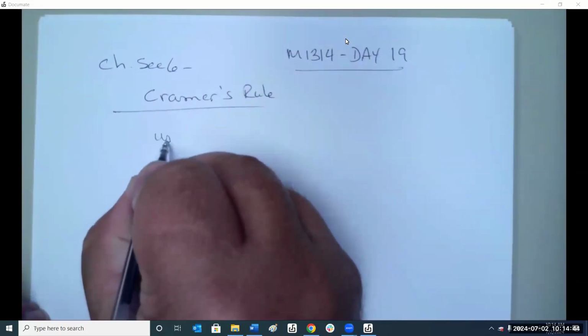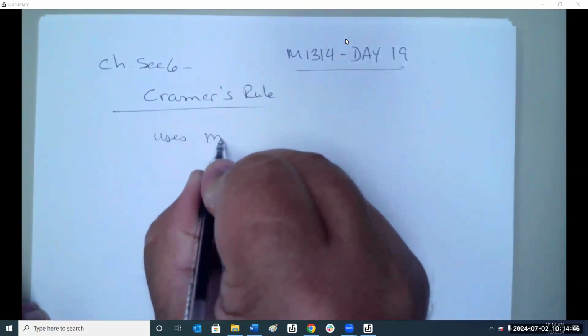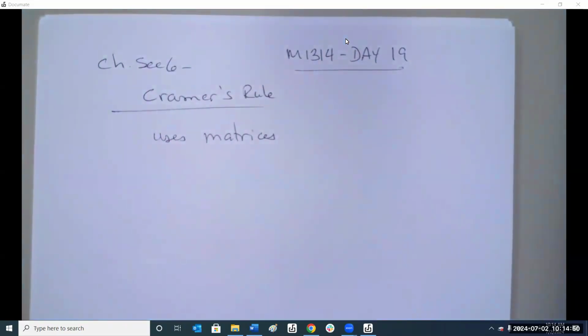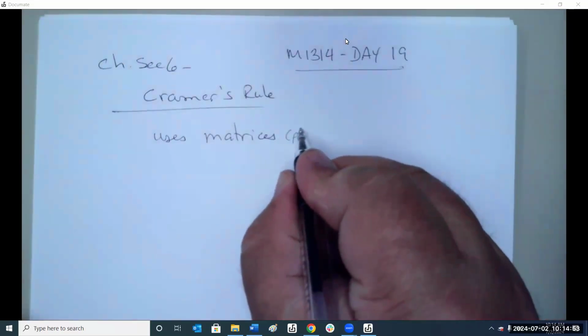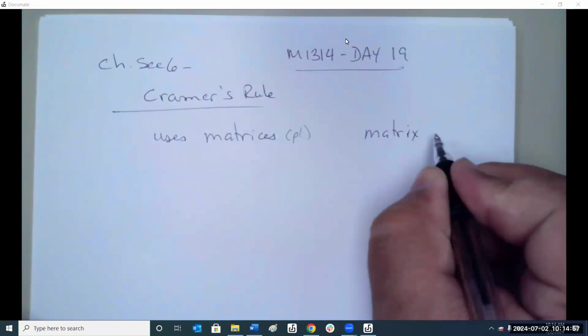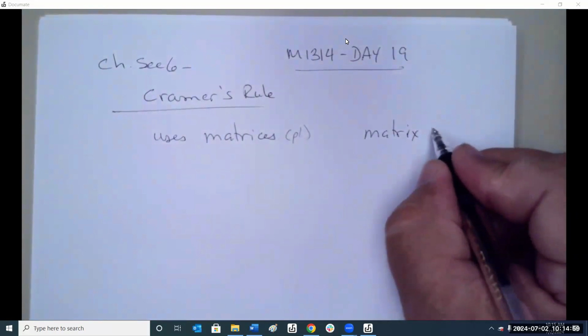Cramer's rule uses something called matrices. That's the plural of the word matrix. That's singular.